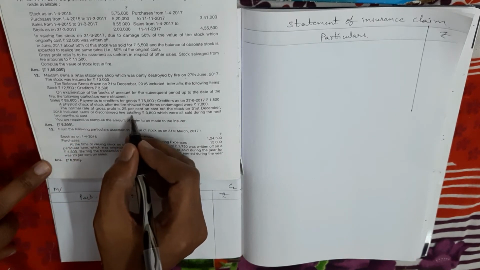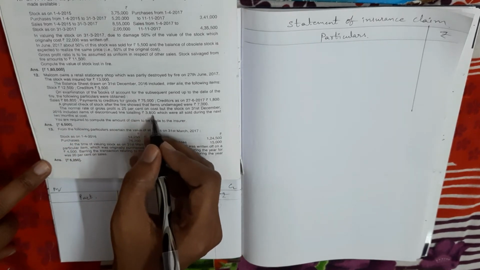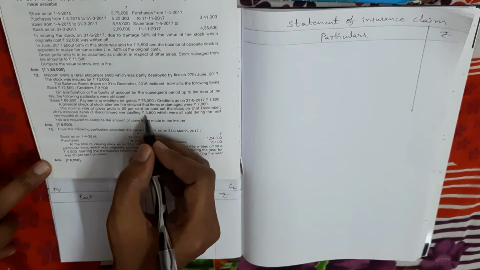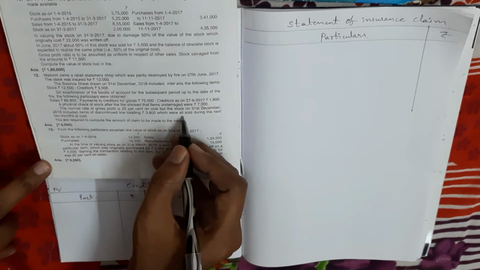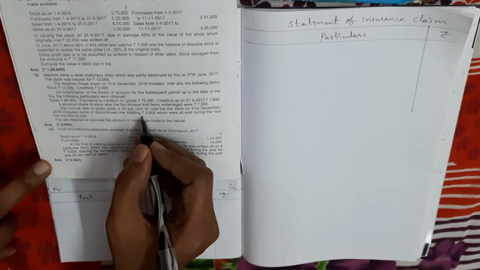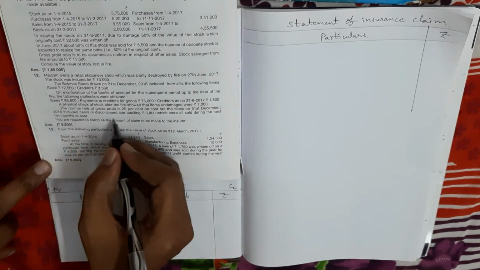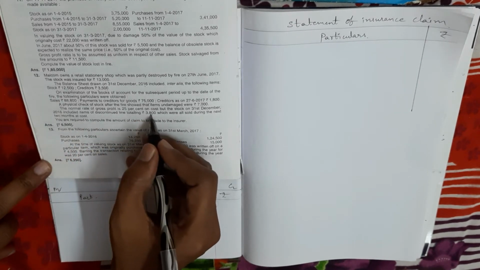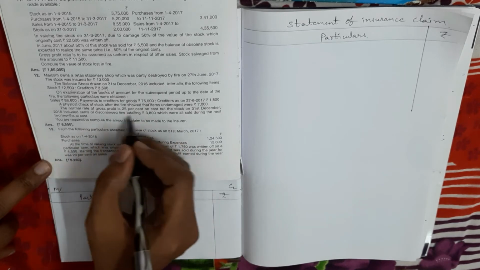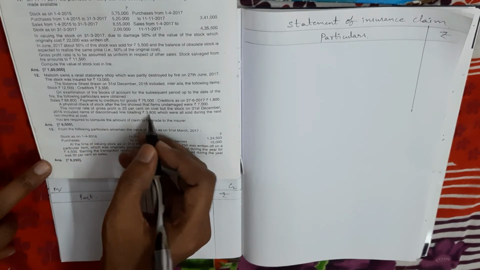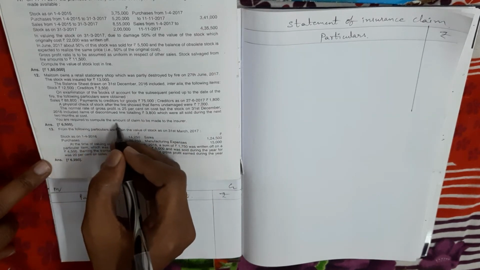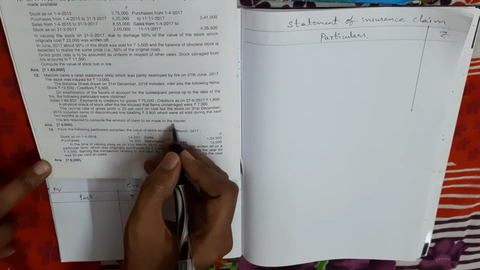These abnormal items also we sold in the current year only. How we sold is not mentioned. Sorry, at cost is mentioned. So at the same cost we sold 3,800 worth of goods. We sold for 3,800 only. Okay, so you are required to compute the amount of claim to be made to the insurer.